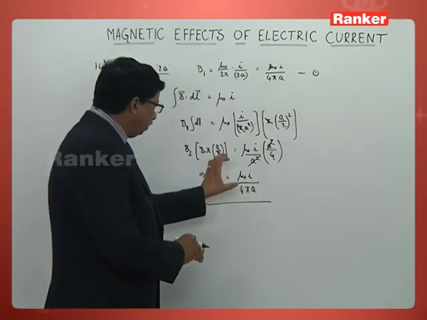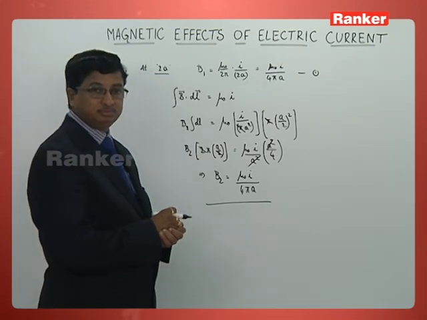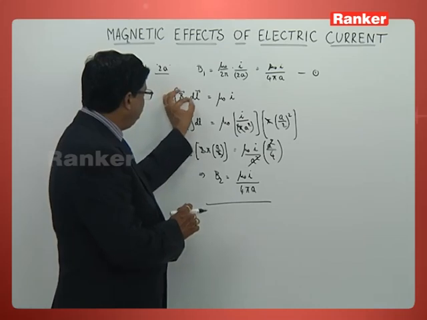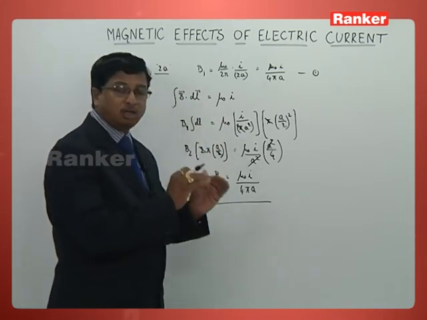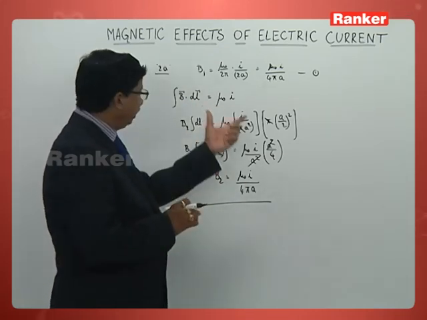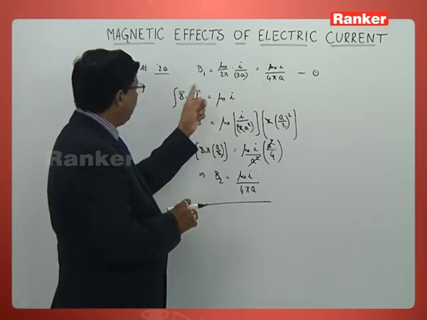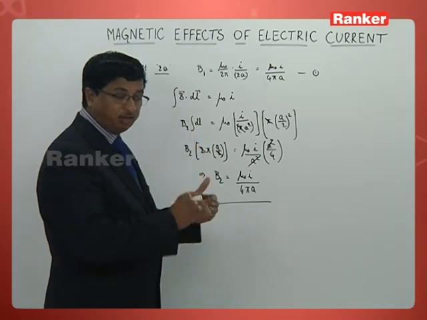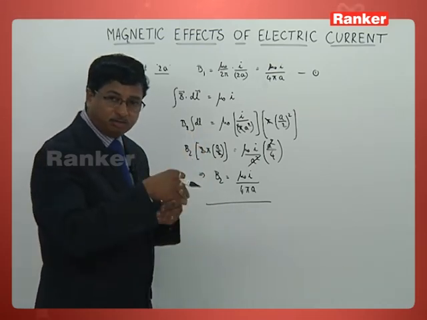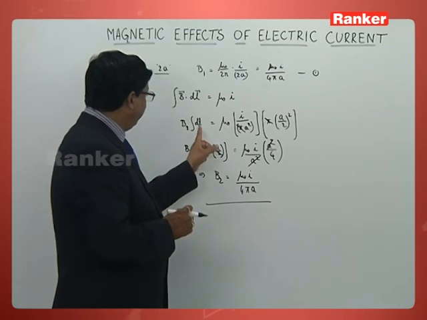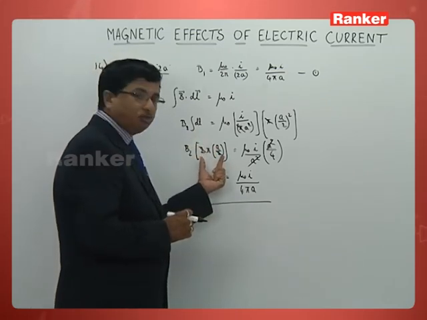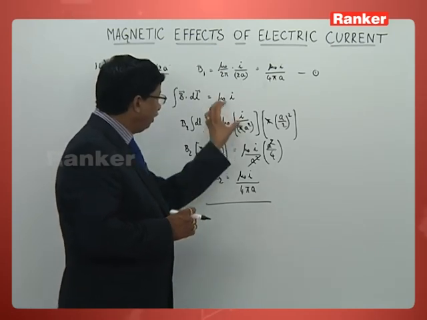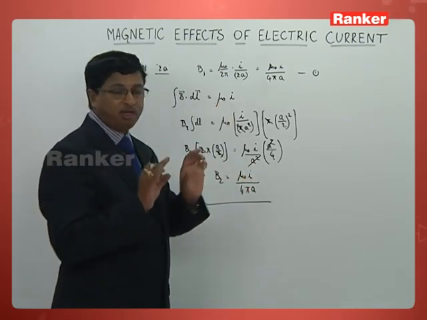Look at this calculation thoroughly. If you take integral B dot dl as mu naught I, B we are taking as B2, which is at a distance a by 2 from the central axis. And integral dl is 2 pi r, r being a by 2 now. And what is this I? There you should be careful.